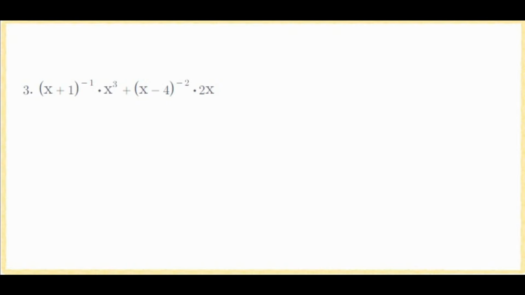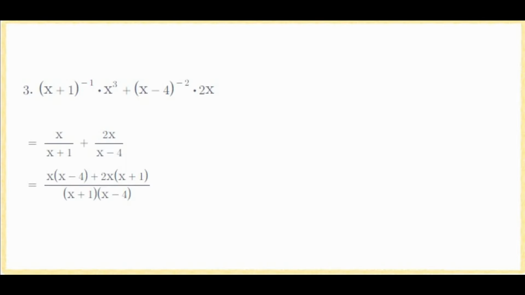For this problem, we're going to first bring down anything with a negative exponent. So we're left with x over x plus 1 plus 2x over x minus 4. Then, to combine the two fractions, we're going to find a common denominator.